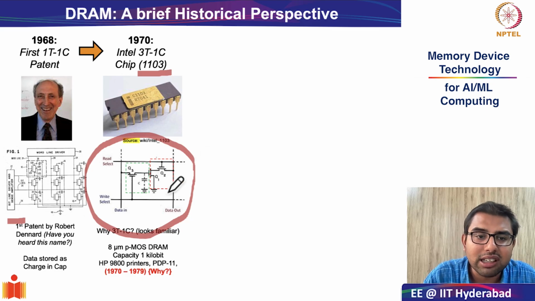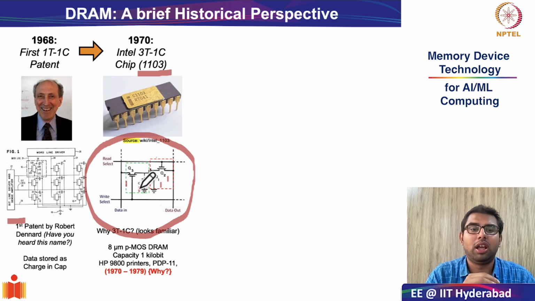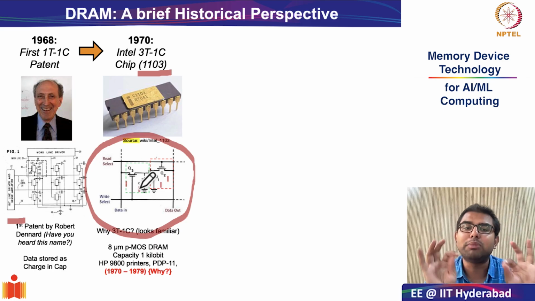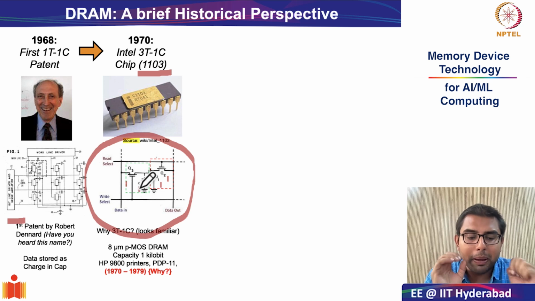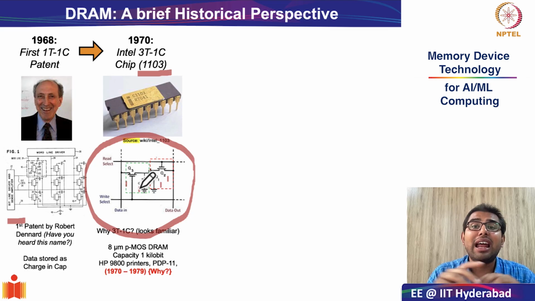Let me tell you which are the extra transistors. It is Q1 and Q2, two extra transistors over the regular 1T 1C DRAM cell. And if you look at it very carefully and try to relate it to what we were studying in the previous class, you will see some similarity. So the people who have been able to recognize this familiarity, congratulations. The familiarity comes from the fact that the same concept was used in the 8T SRAM cell also.